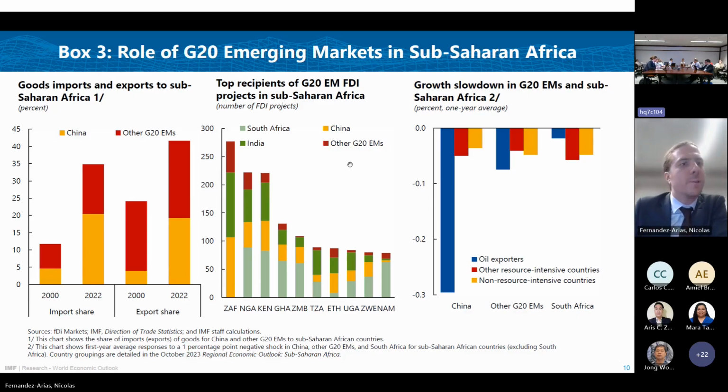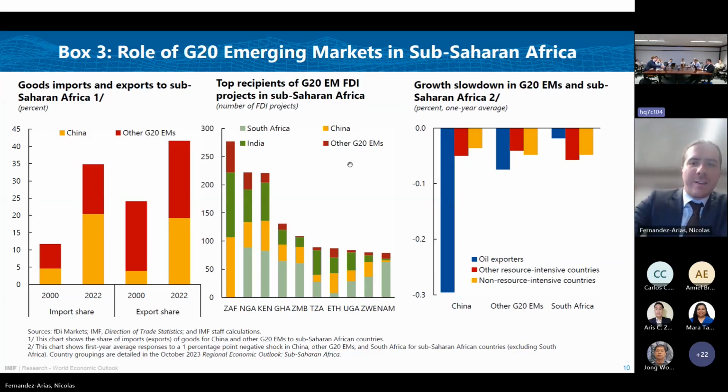So this is one of the takeaways of this analysis, that while increasing integration of China with sub-Saharan Africa has supported higher growth in these regions, that has the potential to boost their economic outcomes. It also exposes them to risks from the declining demand, in particular to oil exporters.